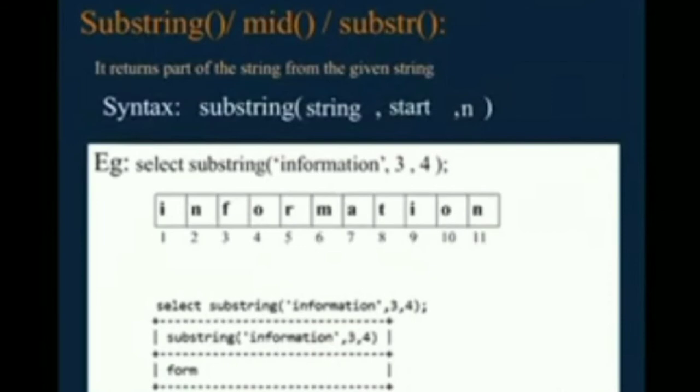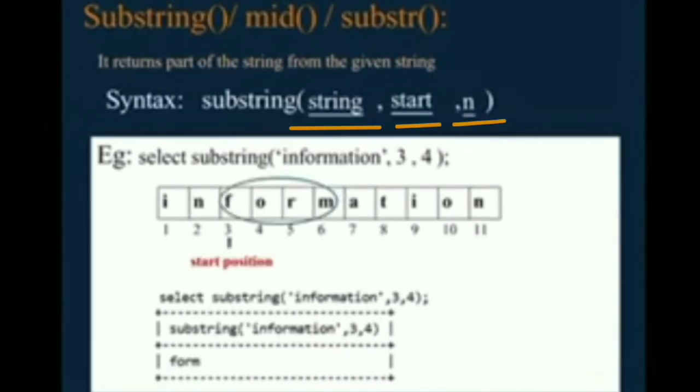If you want to extract a part of a string from a given string, then you tell the string itself, where you want to start and how many characters you want. So these are the three parameters. First parameter is the string. Second parameter is where you want to start. Third is how many characters you want.